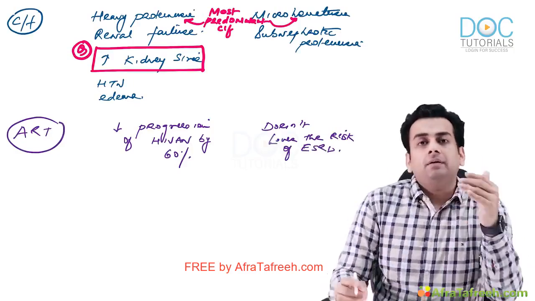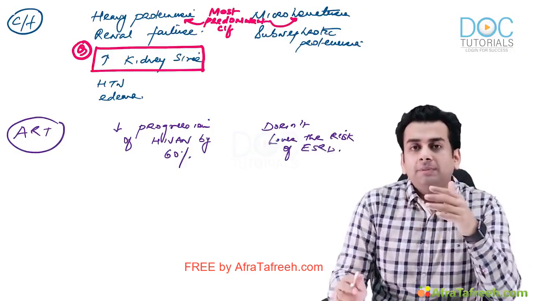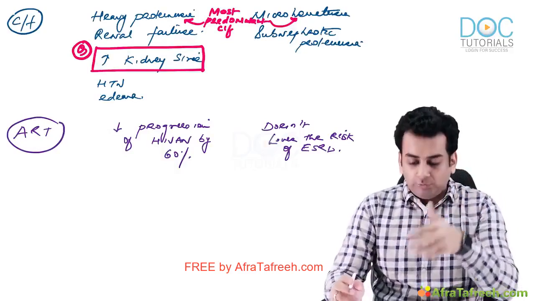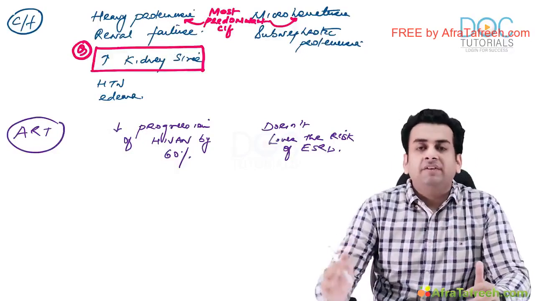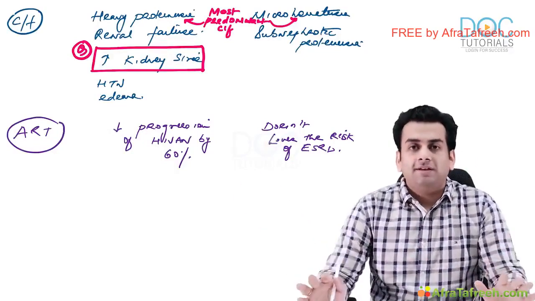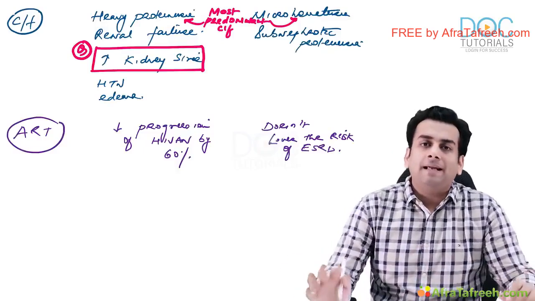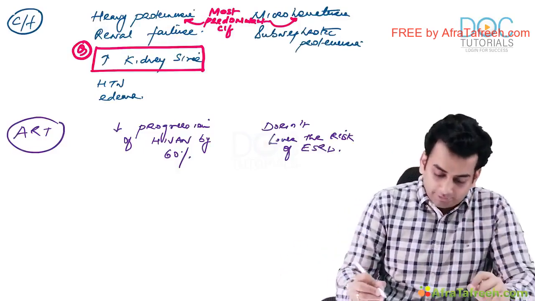If you give ART, antiretroviral therapy, to a patient of HIVAN, he is less likely to progress to ESRD. But HIVIC is not at all influenced by ART. This is very, very important.